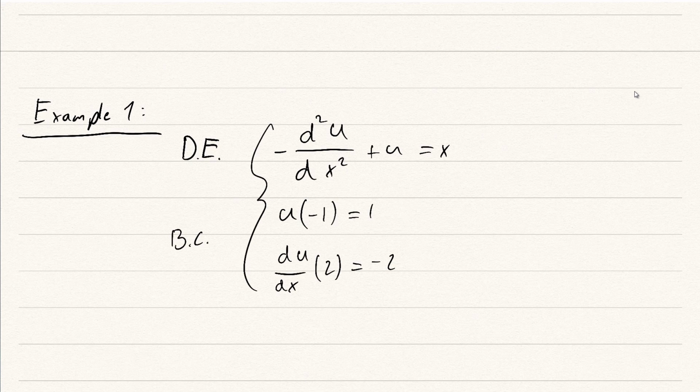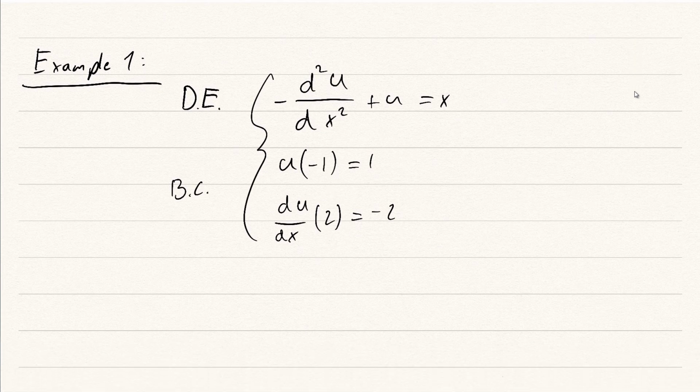And we need to apply a physical meaning to this. These side conditions make mechanical sense, because this is what we call a displacement boundary condition, and this is what we call a force boundary condition, because this could be a force somewhere. And here this term will be called the stiffness, and this will be called the mass. So this also makes sense. There are, of course, other differential equations that have different physical meanings, but maybe not for design engineers or mechanical engineers. So we'll confine the discussion to something like this.